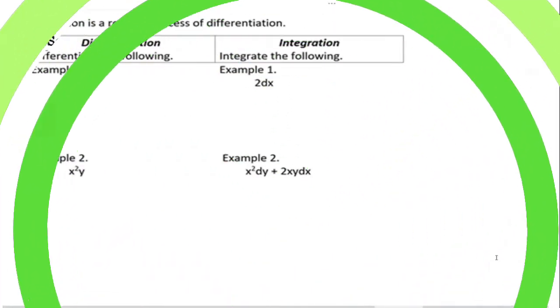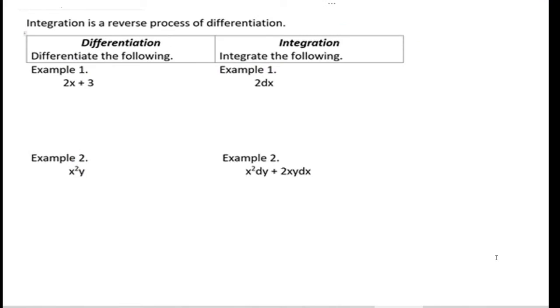It is very clear that integration is a reverse process of differentiation. To illustrate this, we have our examples. In the first column, we are going to differentiate the terms, and in the second column, we are going to integrate. Example 1: 2x plus 3.